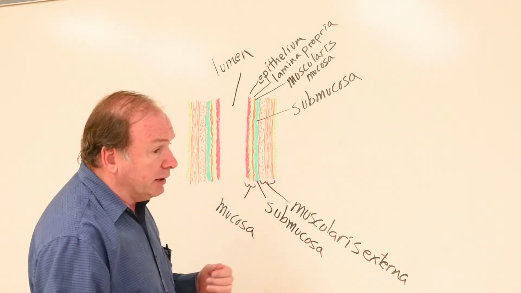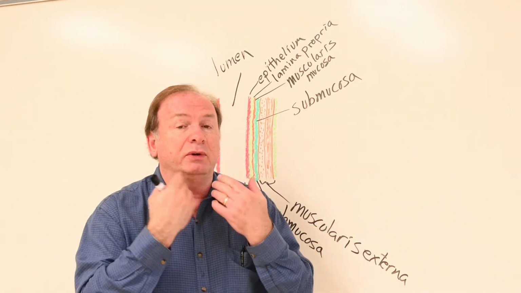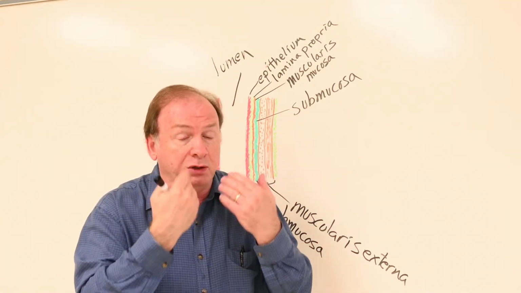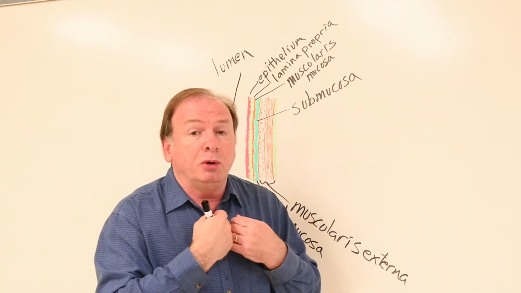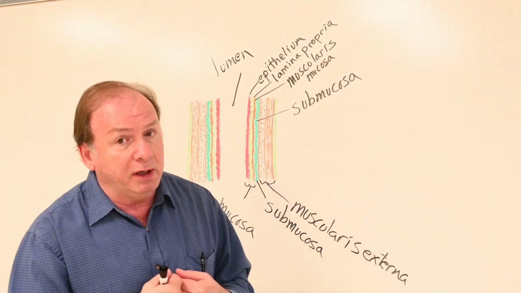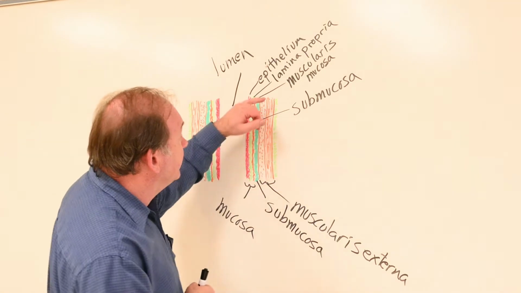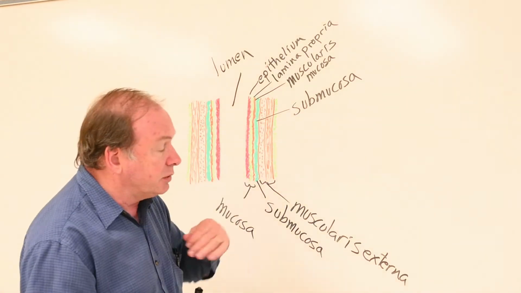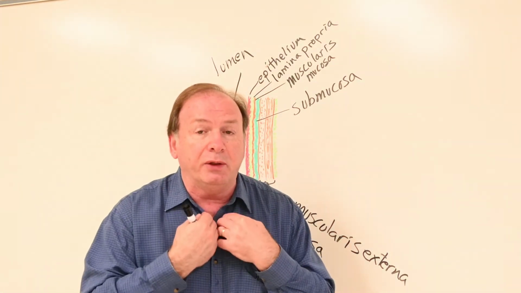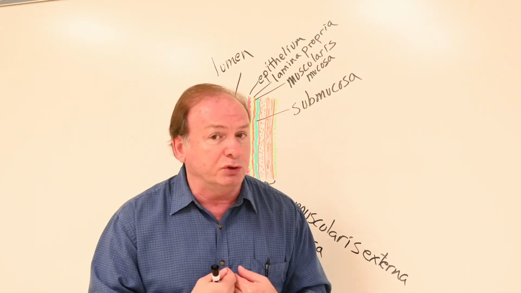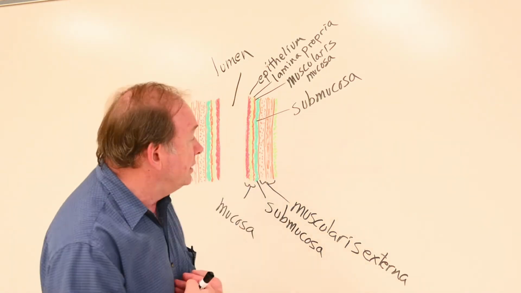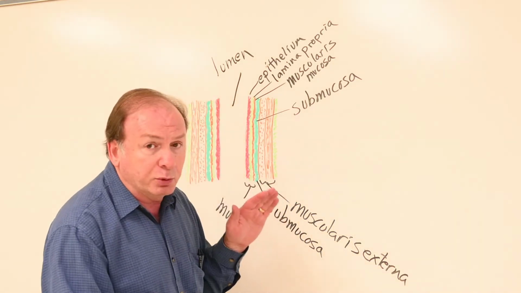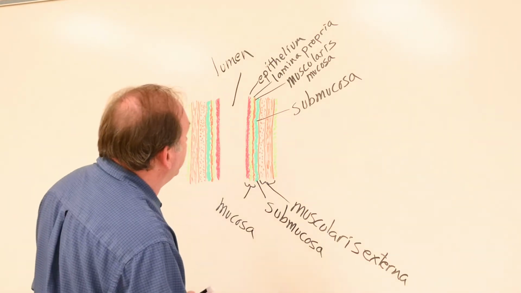In the esophagus, you have a transition from skeletal muscle, as you find in your pharynx, to a smooth muscle at the very lower end. So all of this muscularis externa transitions from skeletal muscle in the upper esophagus to smooth muscle in the lower esophagus. So there's just kind of a gradual transition from one muscle type to the other.